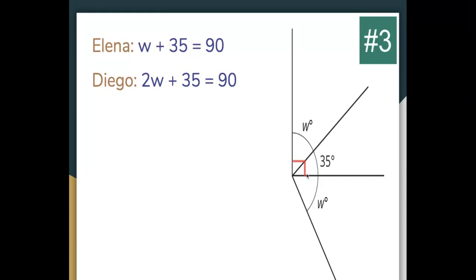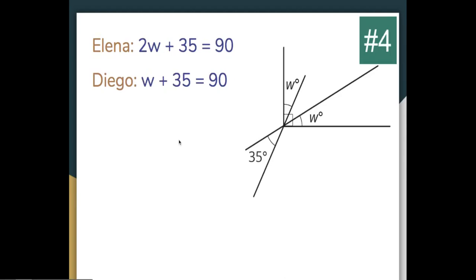Technically, there would also be another box this way, but there's no proof of that with this setup, so we have to go with the setup I've added the box to. But we can say that Diego is wrong because W plus 35 plus another W would be way over 90 degrees. Therefore, Elena is correct.